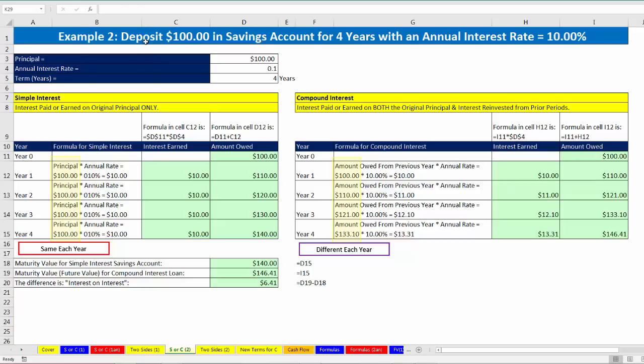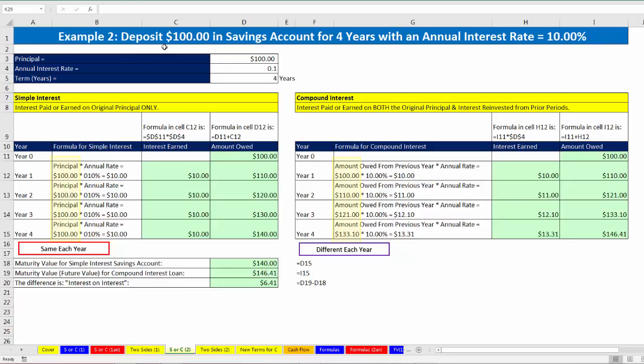Imagine that you deposit $100 in a savings account for 4 years at an annual interest rate of 10%. Well, you're depositing money, and the contract says they'll pay you either simple or compound interest, but the calculations are exactly the same. Simple interest calculations and compound interest calculations.